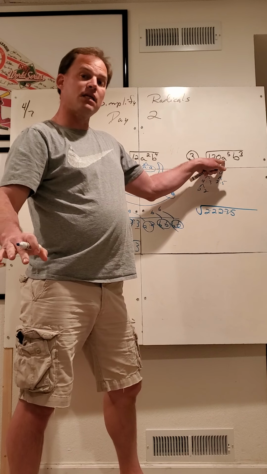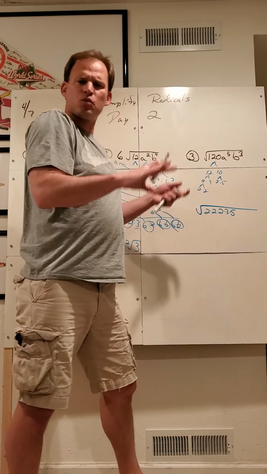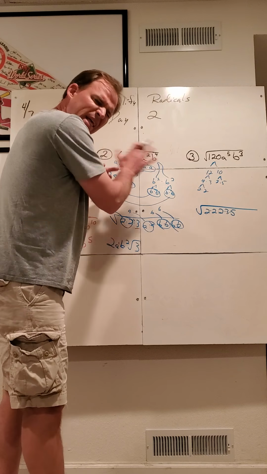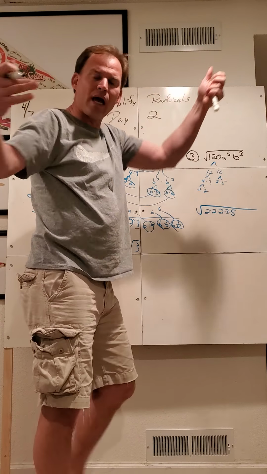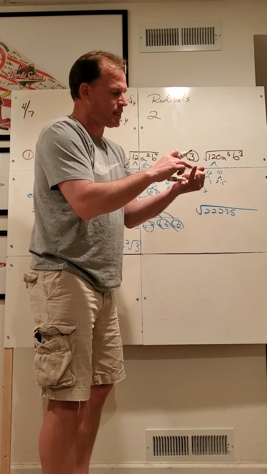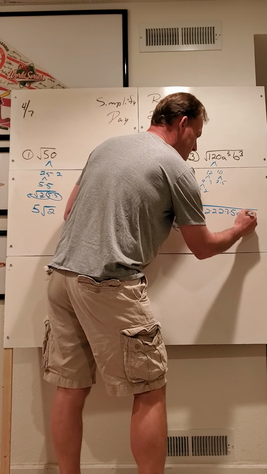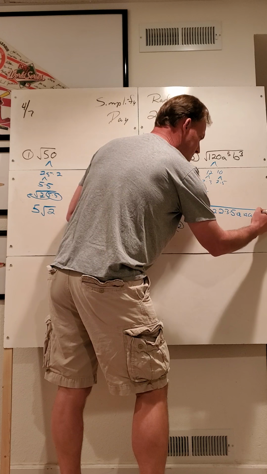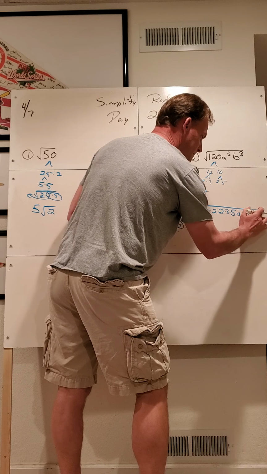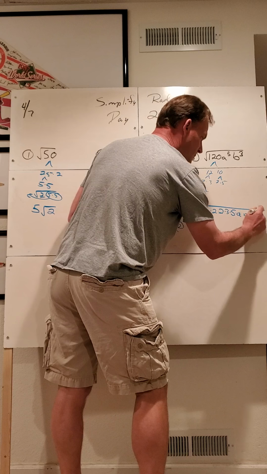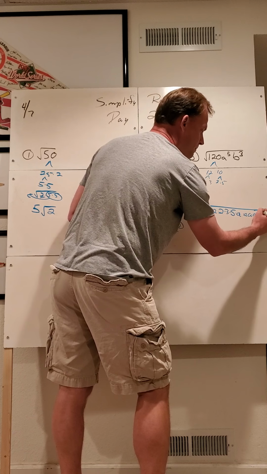Then A to the 5th power. Let's just write them out. Let's not worry about the factor tree. That can be a little confusing. Let's just write them all out. A to the 5th, we know what that means, right? That's A times A times A times A times A. And 3 B's.